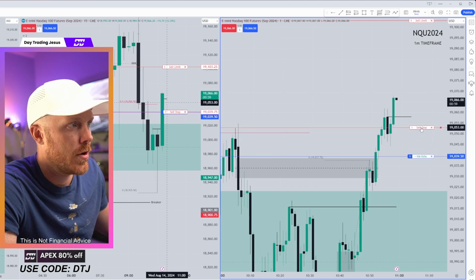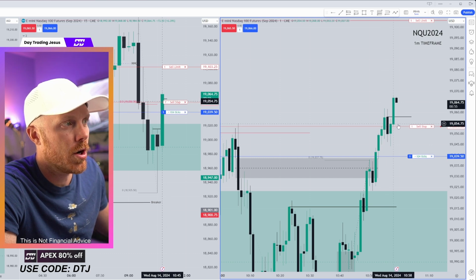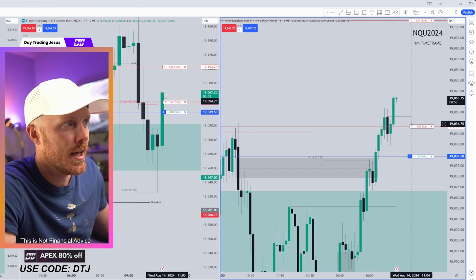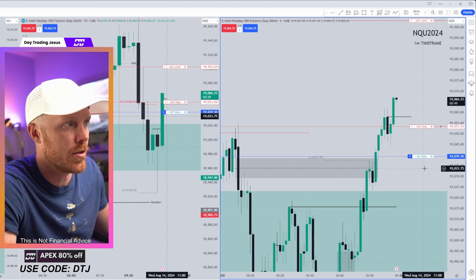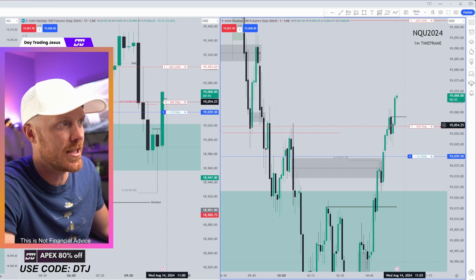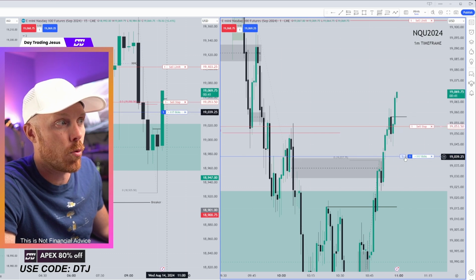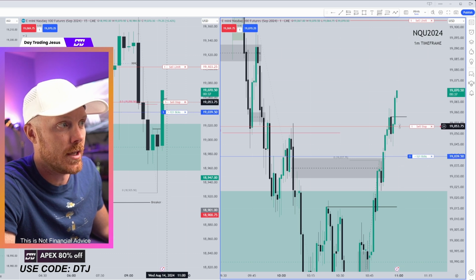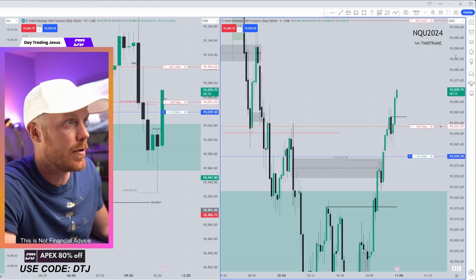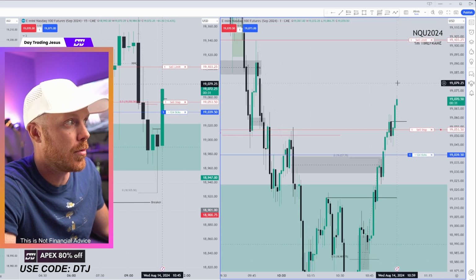Okay, so now we're just beneath the mean threshold here. This is protected, meaning it should not come down here unless we're running the other direction. So now I'm in a better spot. My stop has moved up. I'm not willing to take that amount of drawdown anymore. I'm still only going to be down a little bit if we do that, but I'm allowing myself for this bigger move.